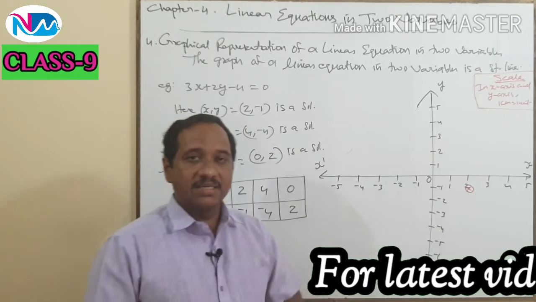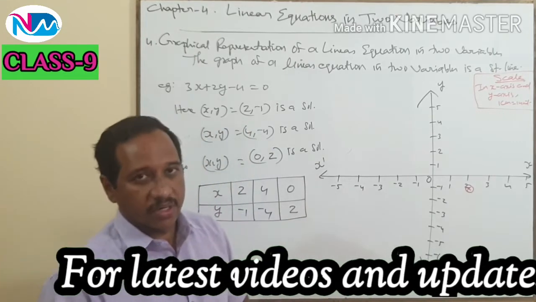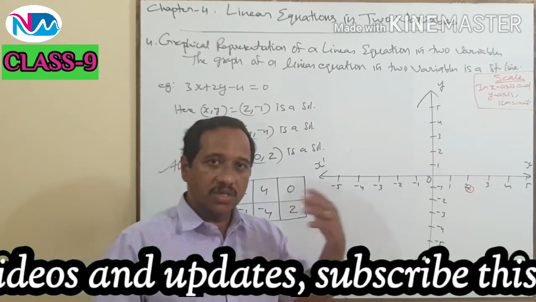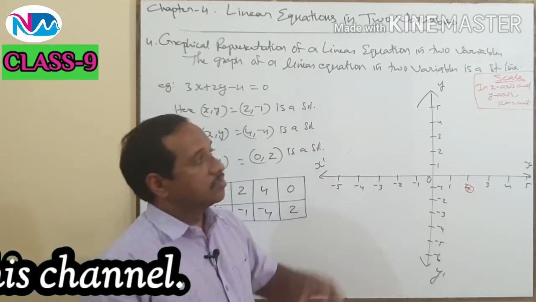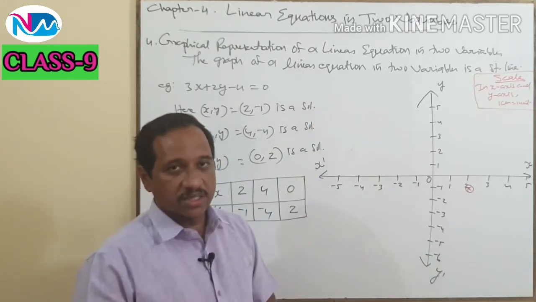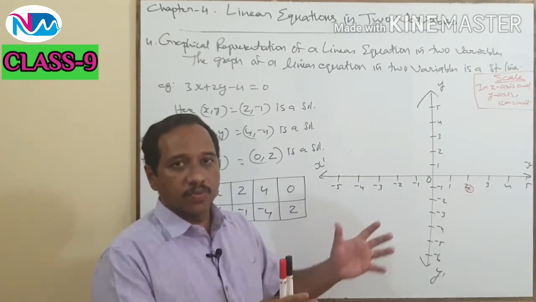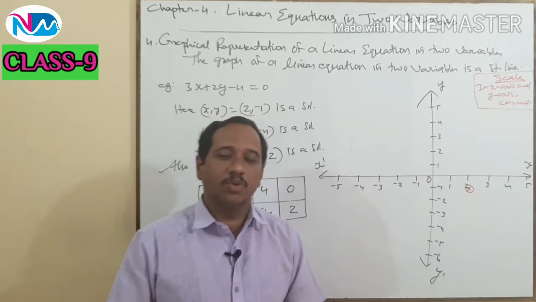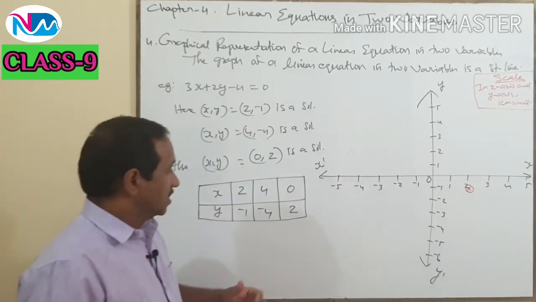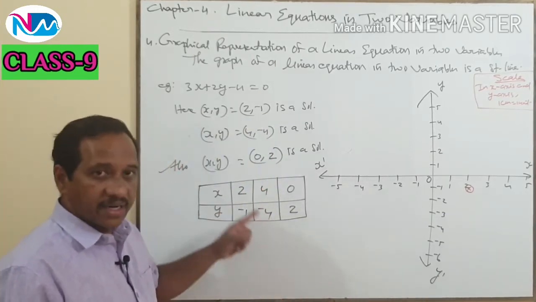We have already learned what is the Cartesian system of coordinate geometry. If you want to refer, you can press on the I button. You can watch the video so that you can understand how to plot the points in a Cartesian plane and what is the Cartesian system of coordinate geometry. The second point is (4, -4).